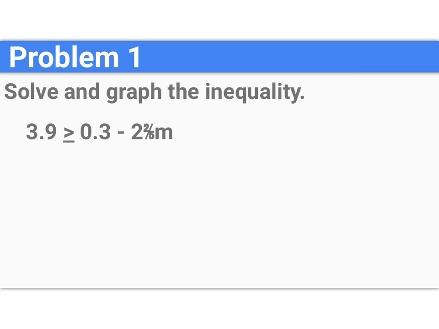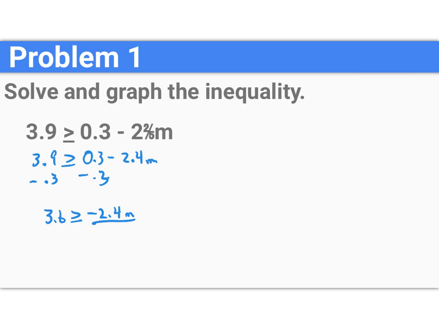Okay, so here we see a fraction. So I'm going to deal with the 3.9 is greater than or equal to 0.3 minus 2/5 is 0.4, so 2.4 m. I could have done it a different way, but I'm going to show you why I chose this way. Minus 0.3, minus 0.3. So 3.6 is greater than or equal to negative 2.4 m.